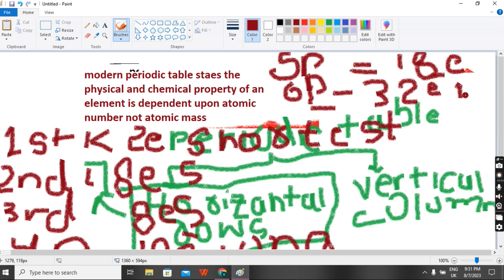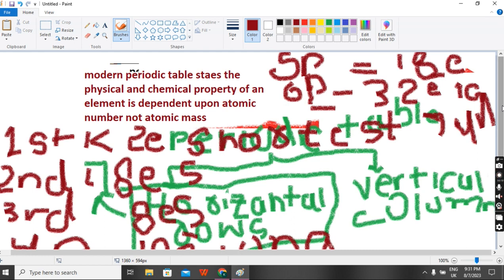It includes the lanthanide series. Lastly, the seventh period, which in some books is given as an incomplete period, includes the actinide series. So there are basically 7 periods in the periodic table.